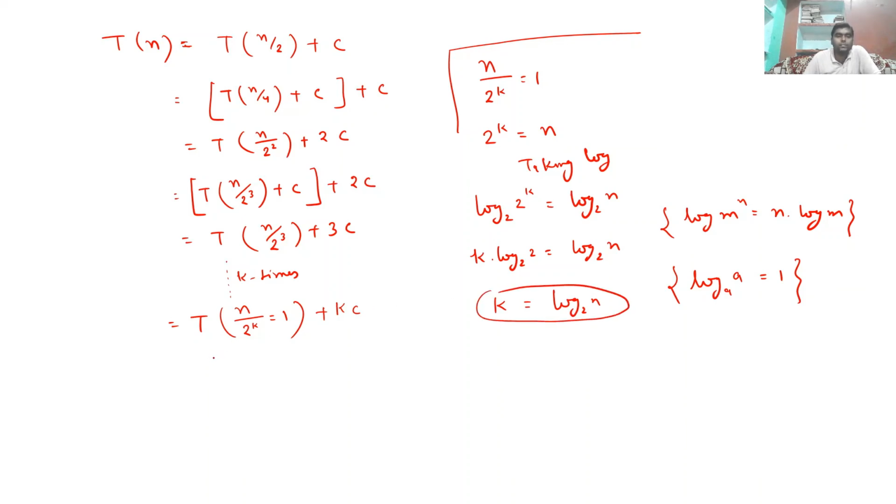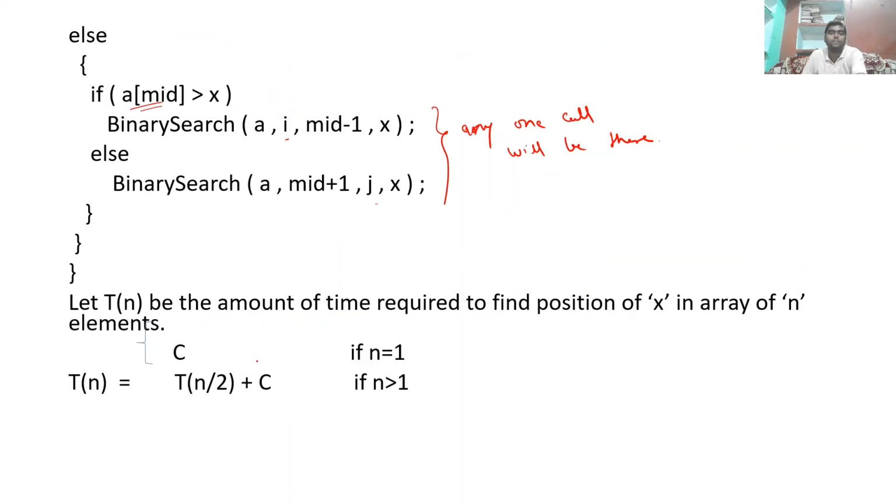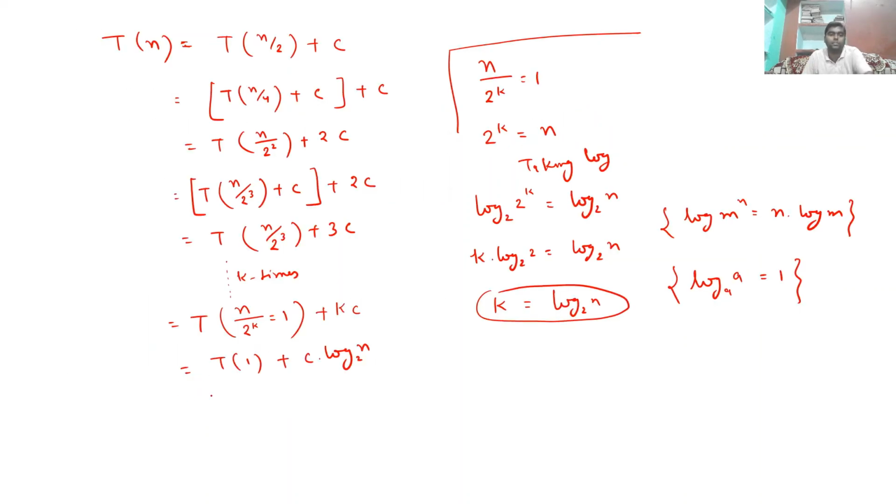So finally this will give you T(1) plus kc. What is the value of k? K is log n base 2, so this is c log n base 2. And what is the value of T(1)? In the previous relation, if n equals 1, then it is c. So this will return c + c log n base 2.